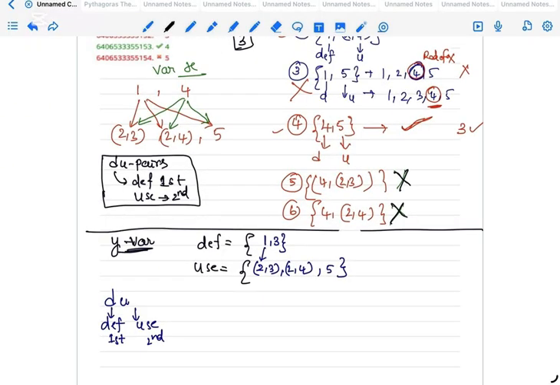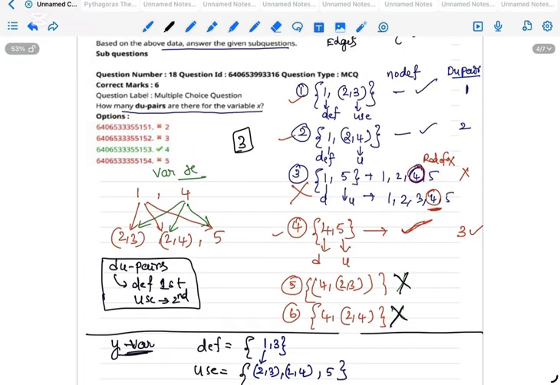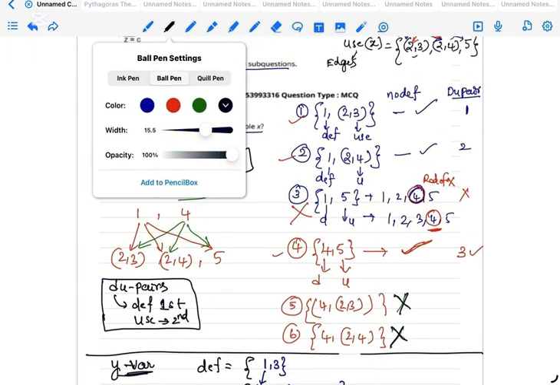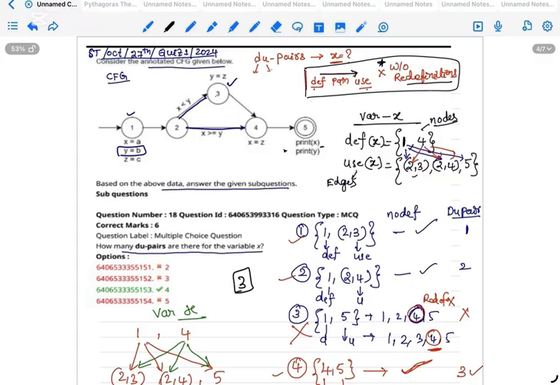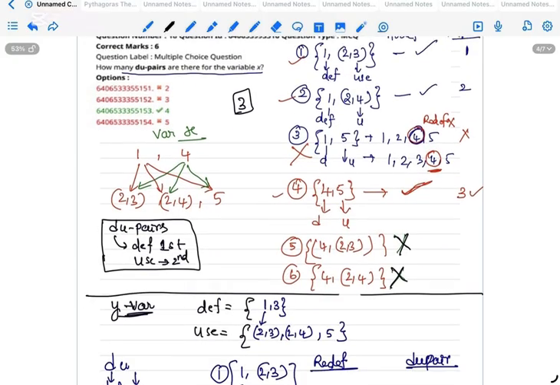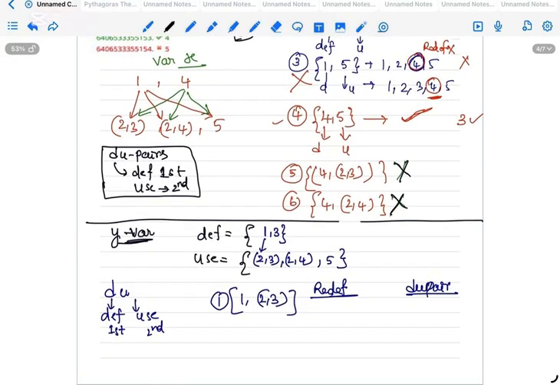The first pair is 1 2 2 3. Is it a valid du pair? We will check yes or no. Node 1 is the definition of the variable y, and 1 2 2 3 is a path used at 3 with no redefinition.